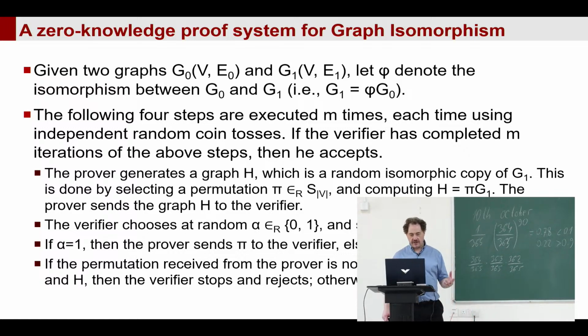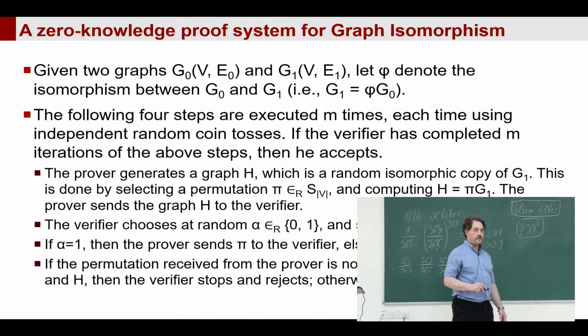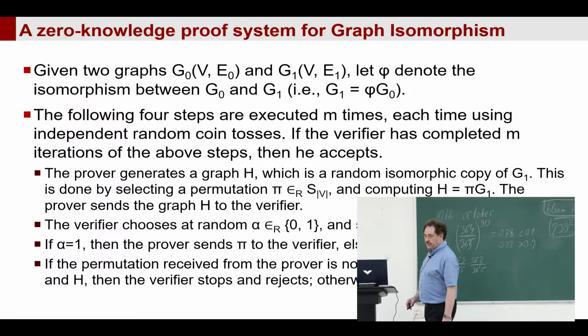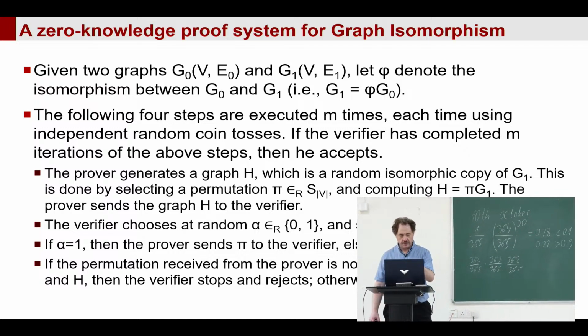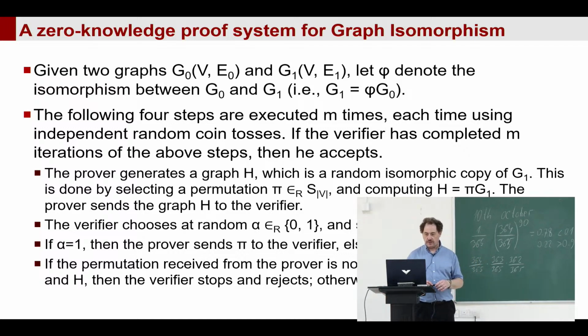So what's the idea? The thing about graph isomorphism is that if I know the permutation, I can easily verify it. So suppose we are given two graphs, and the two graphs are isomorphic. Let's denote the isomorphism between the two graphs as phi.